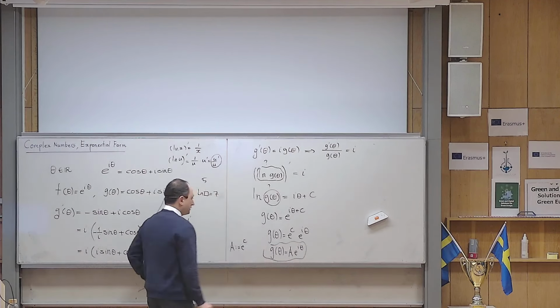So at least I was able to convince you that whatever this function is and this function, they don't differ that much. One of them is a constant multiple of the other. Is that right? But I want to show that no, they are exactly equal. So I want to get rid of this a. In other words, I want to show that a is exactly 1. So how can I do that?